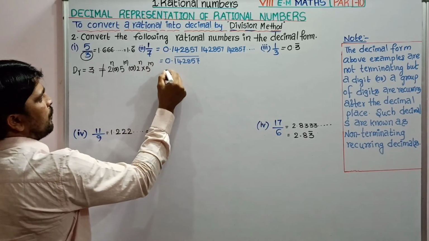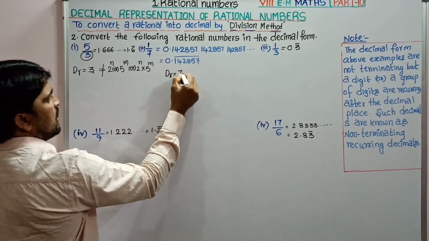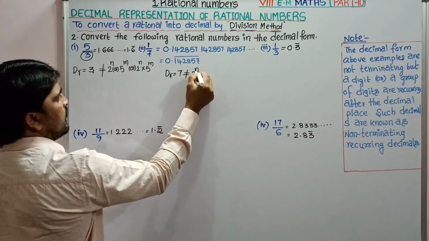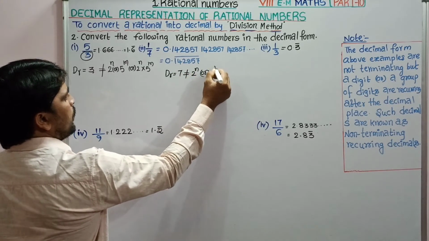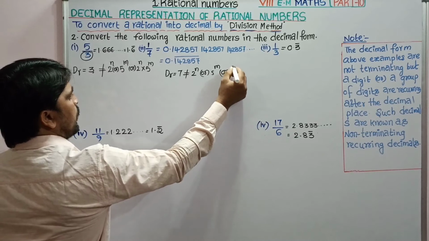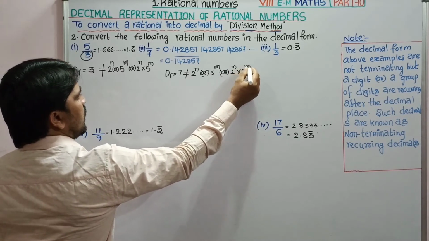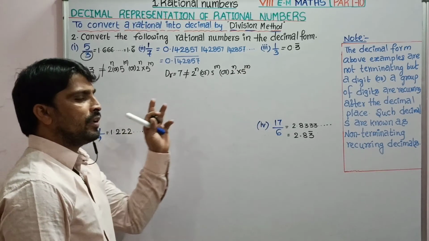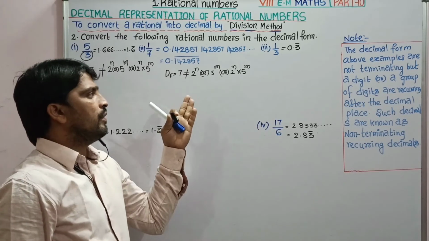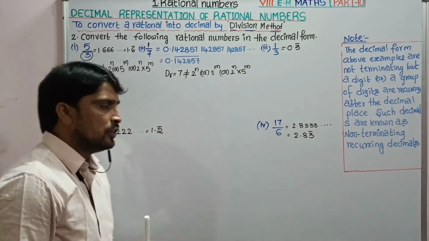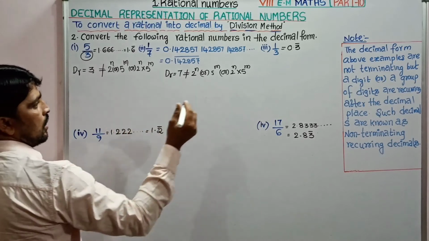Similarly, the denominator of 1 by 7 is 7. 7 cannot be written in the form of a power of 2, power of 5 or power of 2 into power of 5. So the denominators are not of the form.